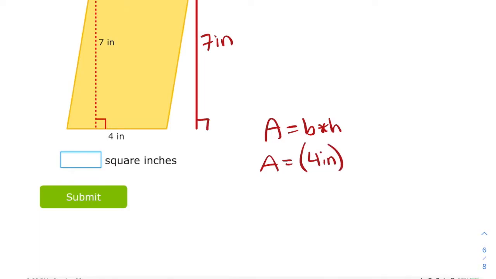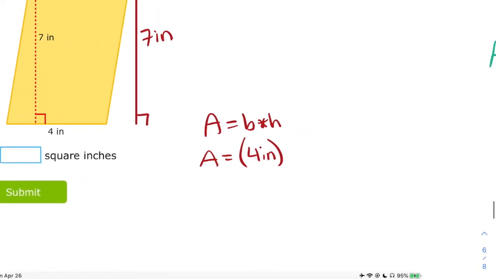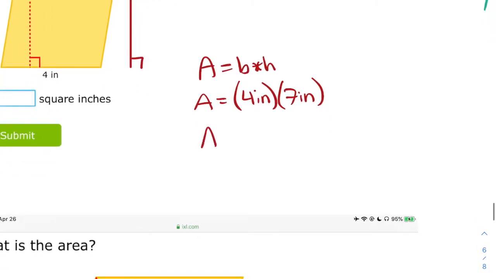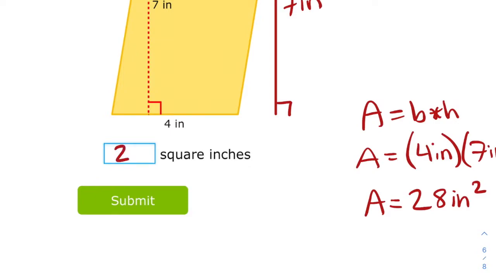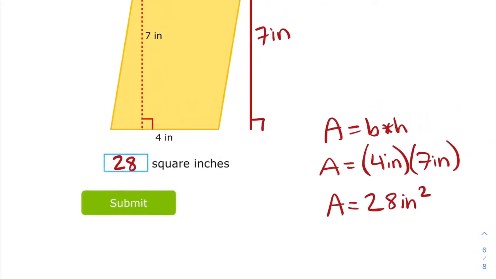The side is always considered to be the base. The height is always considered to be the altitude, and in this case, the altitude is 7. So area is 4 times 7, which is 28 inches squared. So the answer to this one is 28 inches squared.